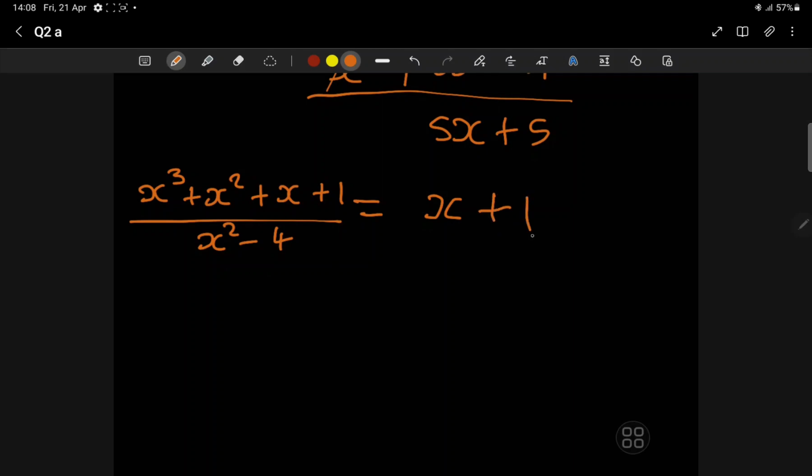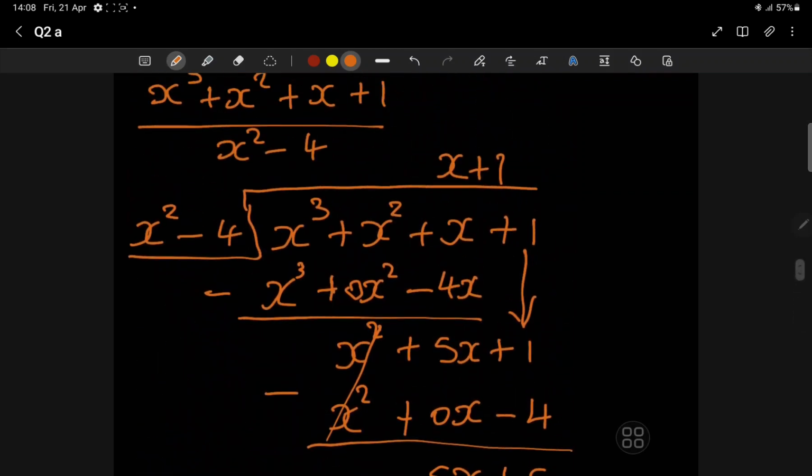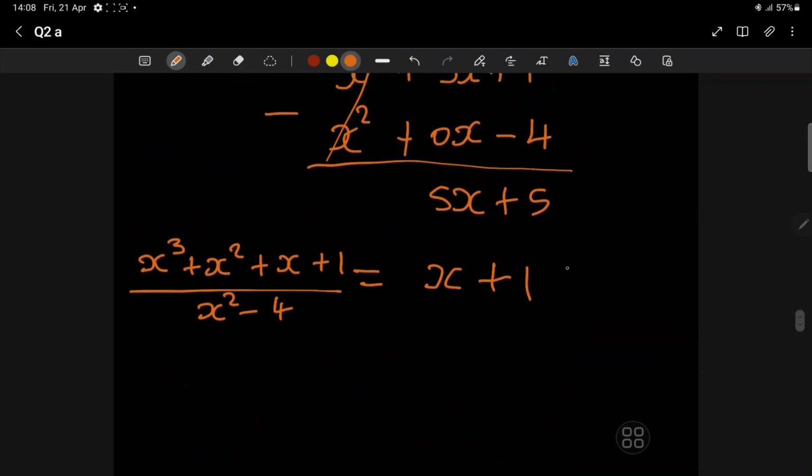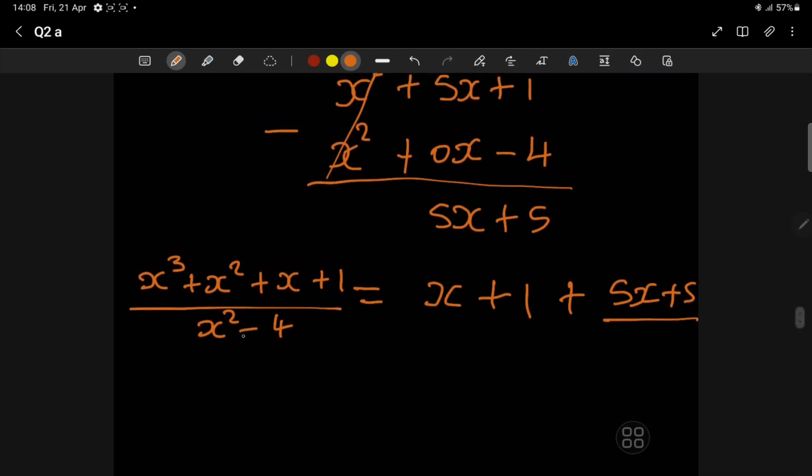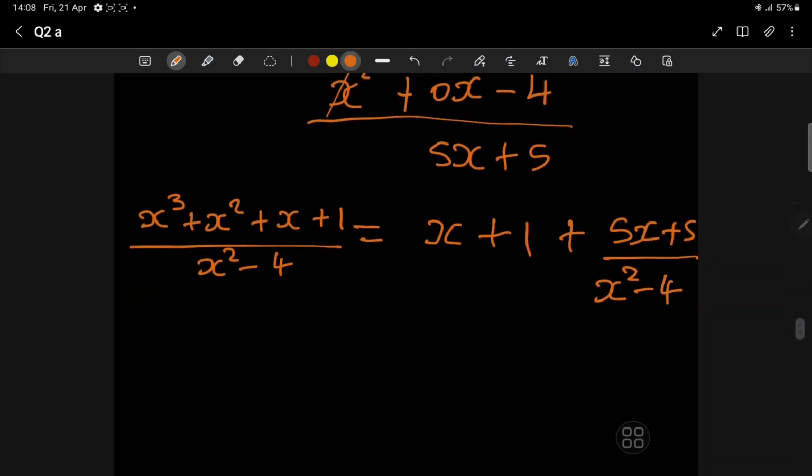Then we're going to continue by adding also our remainder, plus 5x plus 5 over this denominator, which is x squared minus 4. So this is what we've obtained.